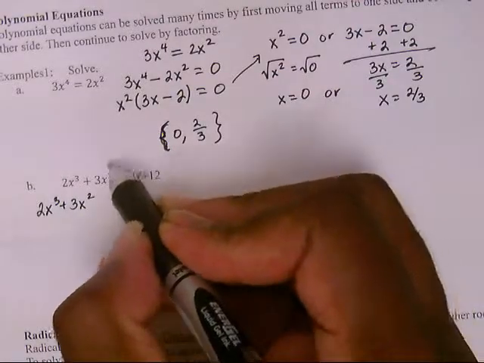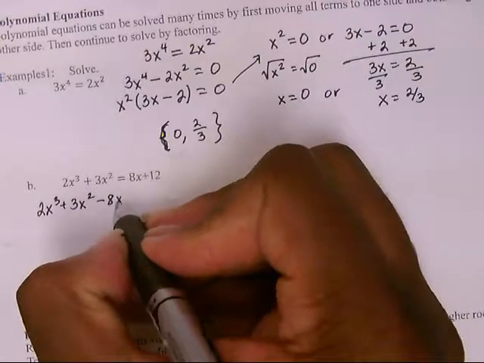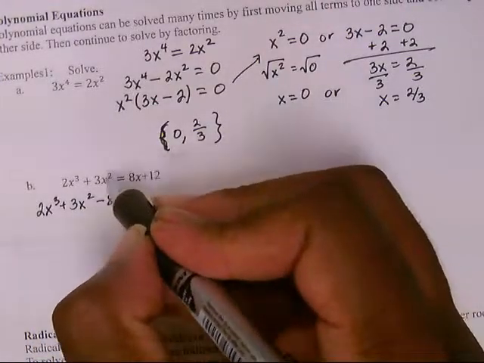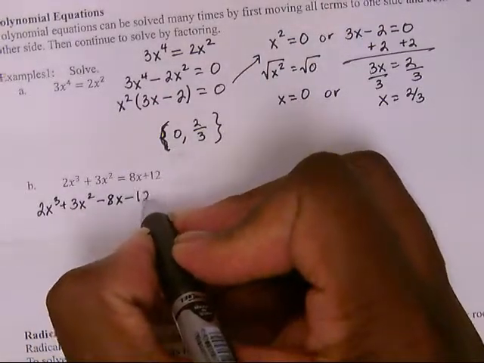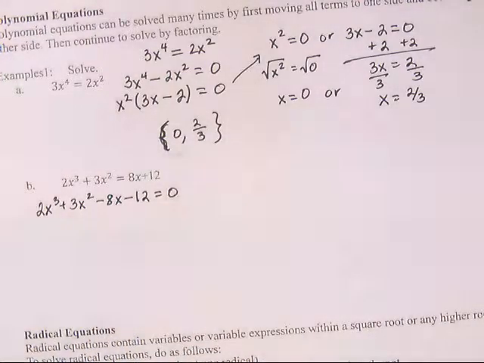When I move the 8x over, it's going to change to minus 8x. And if I move the plus 12 over, it's going to be a minus 12 equal to 0. That's just a short way of subtracting 8x and subtracting 12 on both sides to get a 0 on the other side. So I get 2x cubed plus 3x squared minus 8x minus 12 equal to 0.